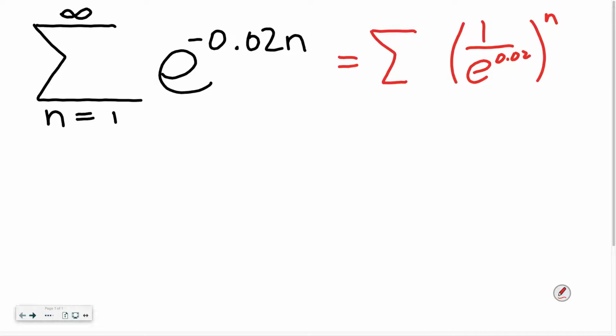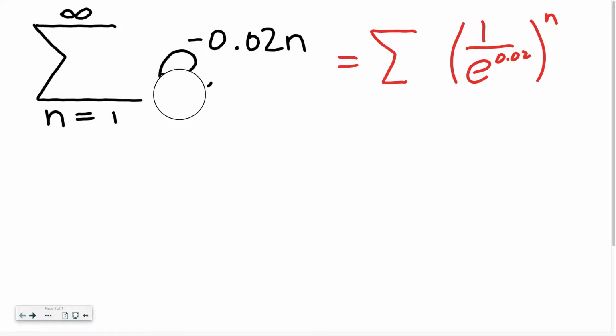And since e is bigger than 1, no matter what the root is, it should be bigger than 1. Well, unless the root is infinity. Not a thing. Okay, so r is less than 1. Absolute value of r is less than 1, so it converges geometric. All right.